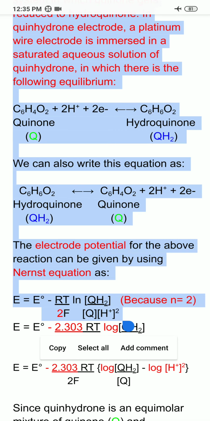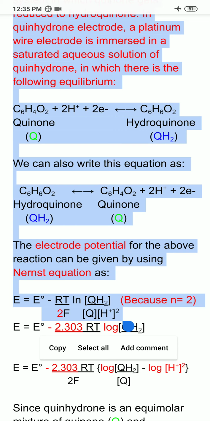Now please note that in this case the value of n is 2. Why 2? Because this equation is having 2 electron change. So I can write E is equal to E naught minus RT upon 2F natural log of QH2 concentration, where QH2 is hydroquinone concentration, divided by quinone concentration into proton concentration raised to power 2.